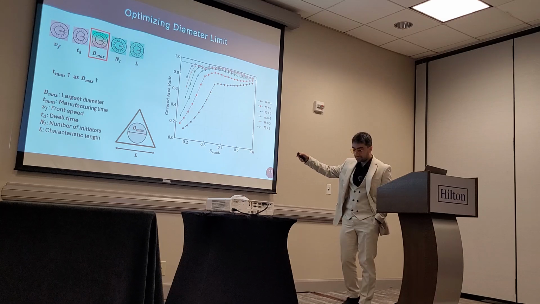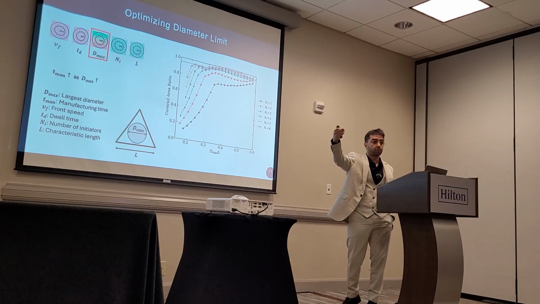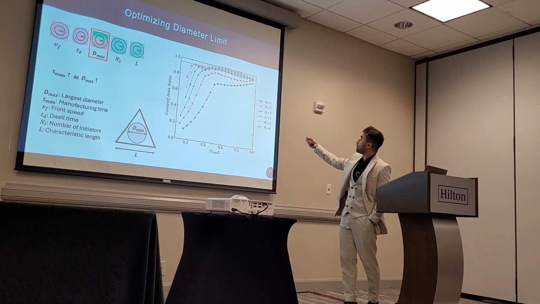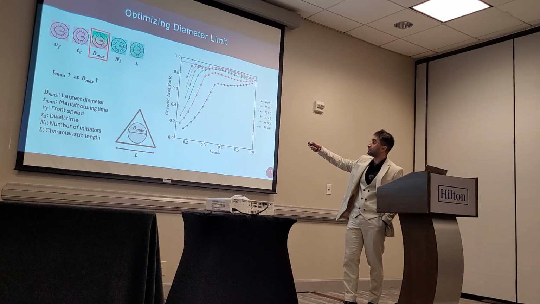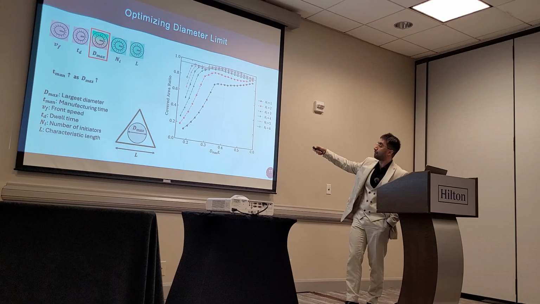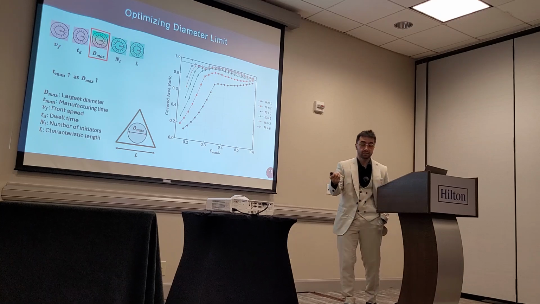We can plot for different numbers of initiators or different numbers of lasers. Let's say for 1, we have this one, and as we increase the number of initiators, we have a better and better covered area ratio, as expected.